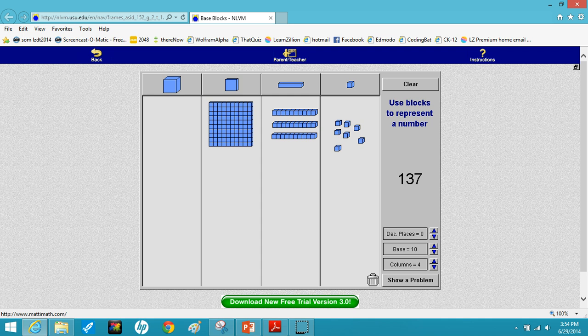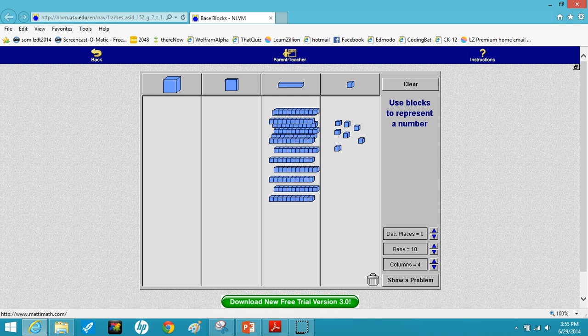And if we're dividing this by 4, we want to break this up into 4 equal groups. Now if you look at the 100 block, there's only one of them. We certainly can't divide that into 4 equal groups. So we're going to take this 100 block and regroup it and make it equal 10 blocks.